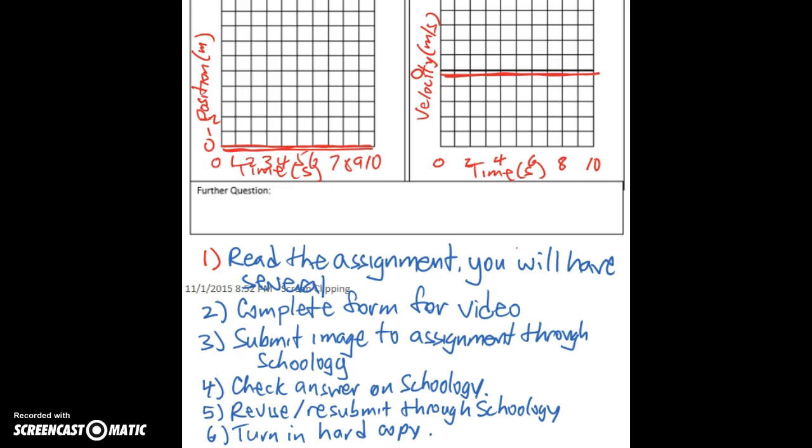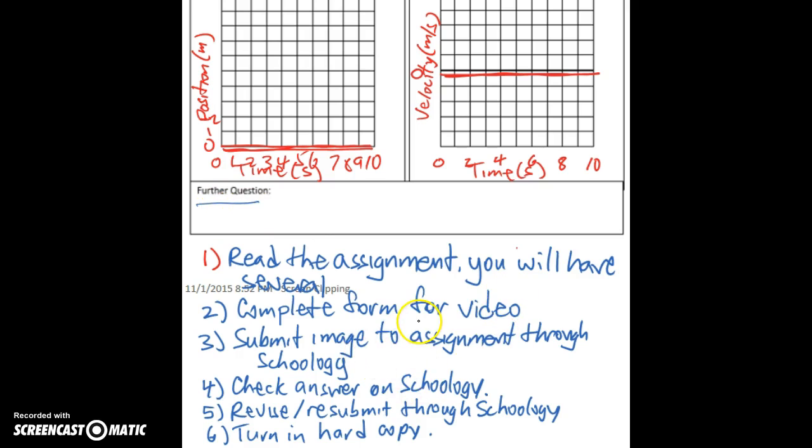So just a little checklist here on what you'll be doing for each of these video assignments. 1, read the assignment, you'll have several of these over the next couple of days. 2, complete this form for the video. Go ahead and make the event, go over the parameters, your interaction and force diagram, and the position versus time and velocity versus time graphs. Make sure you label those as well. If there are any further questions, this one did not have any. If you have any further questions, go ahead and list that there.